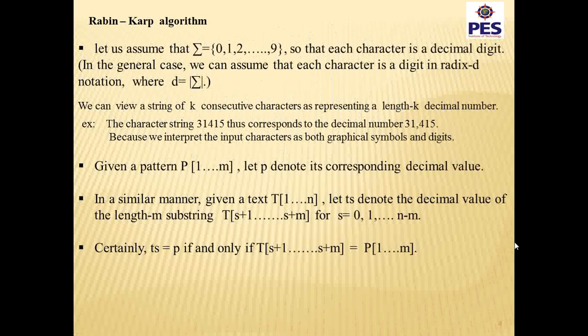I am going to derive the pattern from that input 0 to 9. The derived pattern we denote by p, which corresponds to a decimal value, and for the text let us take t as the decimal value derived from the text pattern of length m.